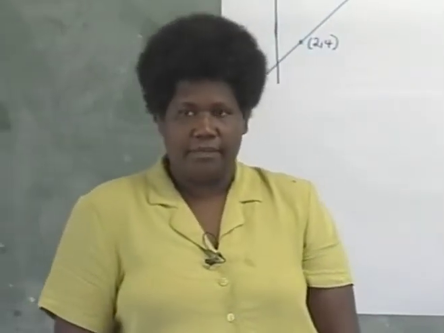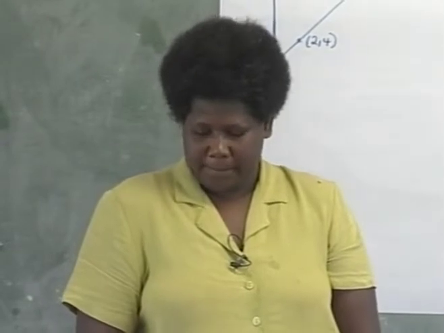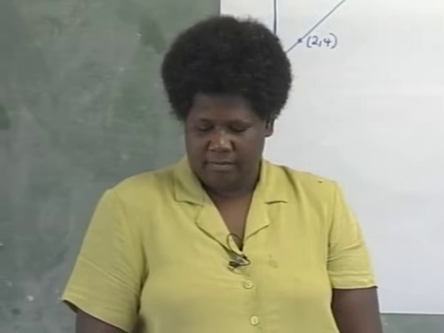Y equals x minus 1 is correct. Next, for number 5, Ponrele. Y equals a third x. Y equals 1/3 x is correct. Number 6, the last one. Y equals 5x plus 6.